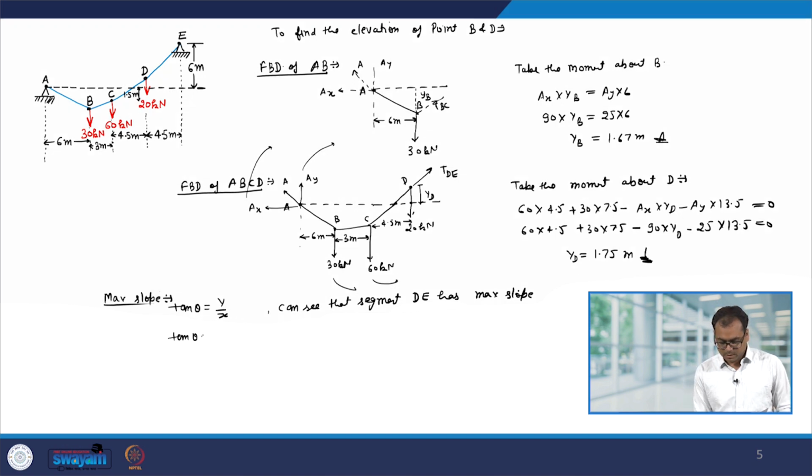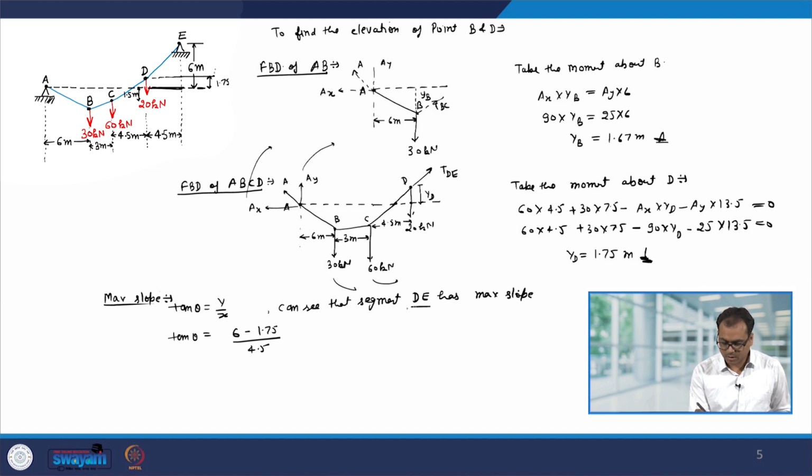So, tan theta will be 6 minus 1.75 divided by 4.5, because we are looking at the segment DE. Let us look at this segment DE, and this distance from here to here is 4.5, and this we have just now calculated, it comes out to be 1.75.